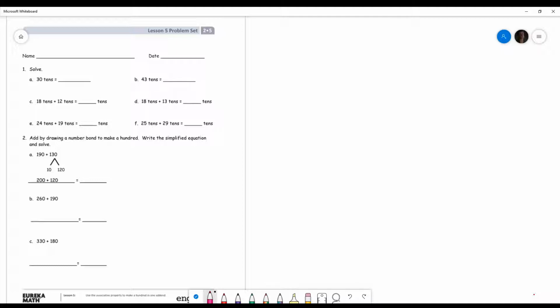Okay, now let's look at problem C. Problem C says 18 tens plus 12 tens equals how many tens? So here you're going to figure out how many tens. So we have 18 plus 12.